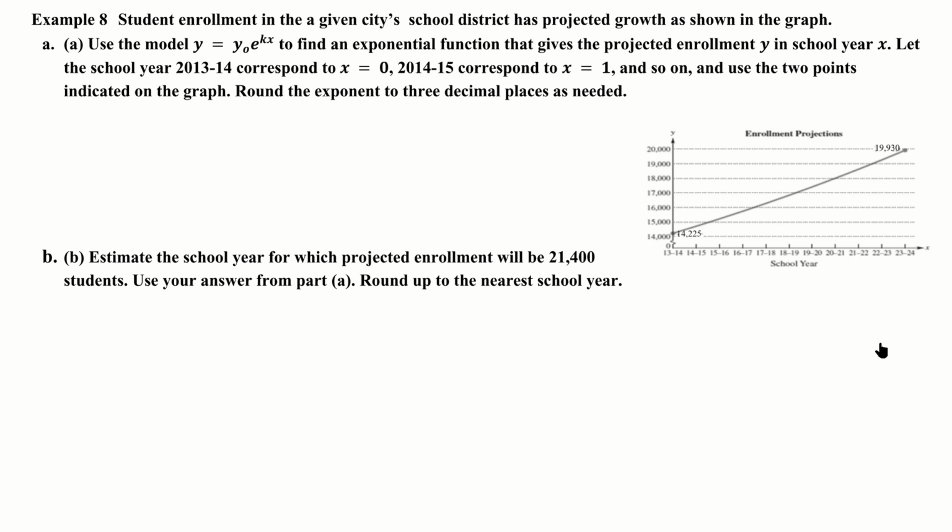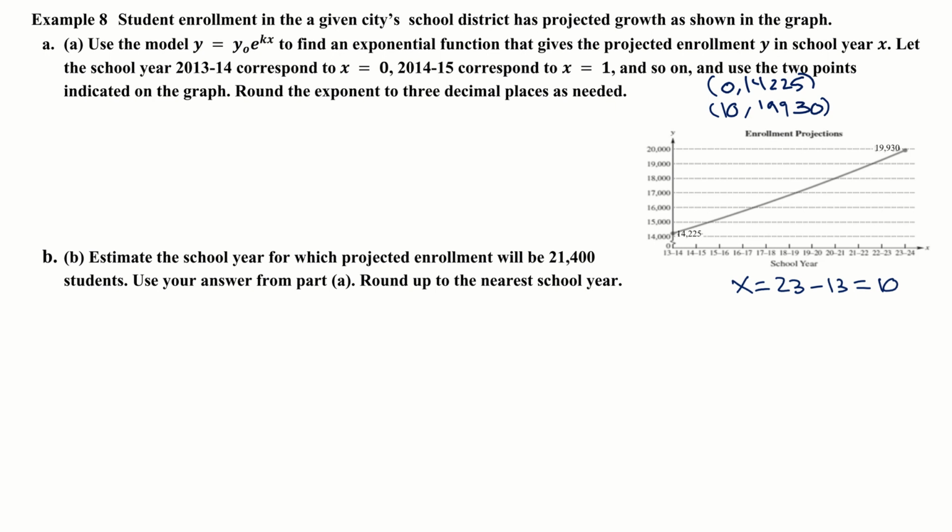One is 0, 14,225. The other one is 10, 19,930. And we found that 10 for x just by going 23 minus 13, right? We could have done 24 minus 14, same thing.